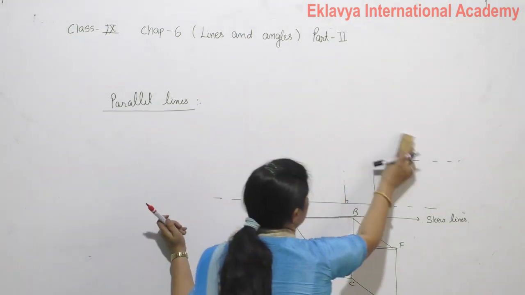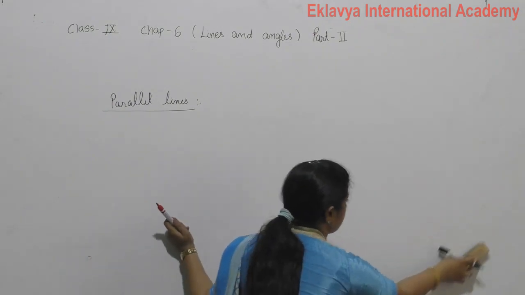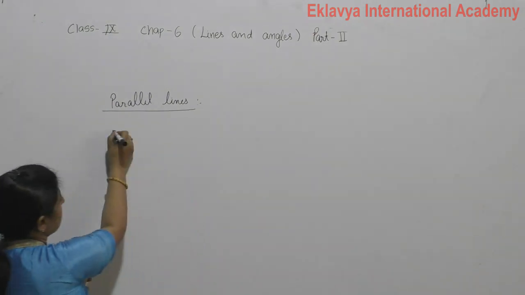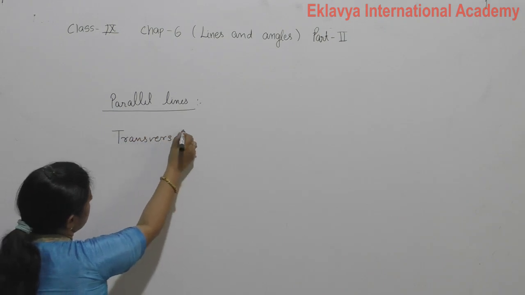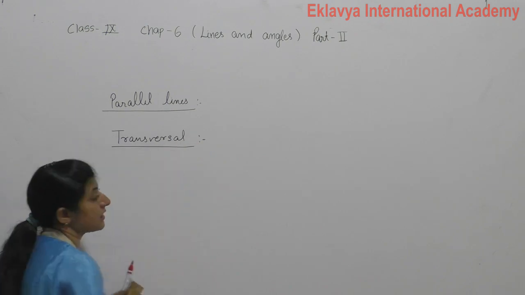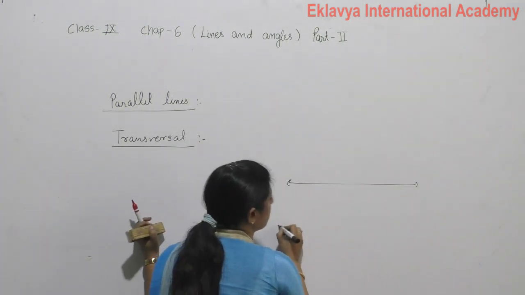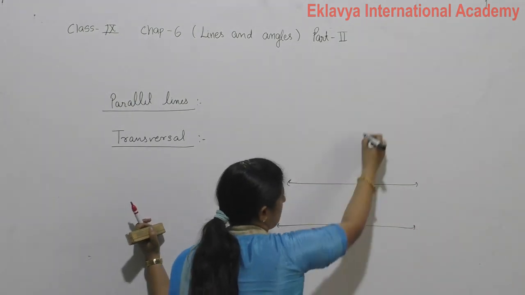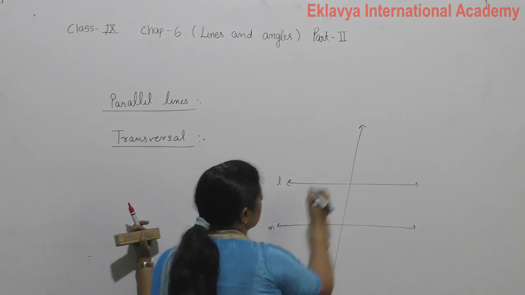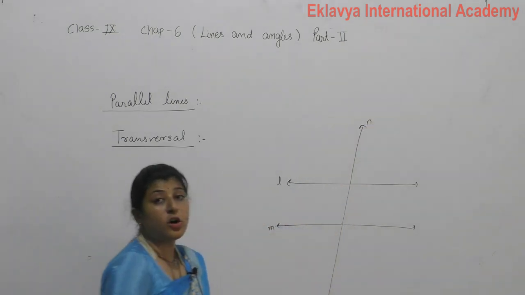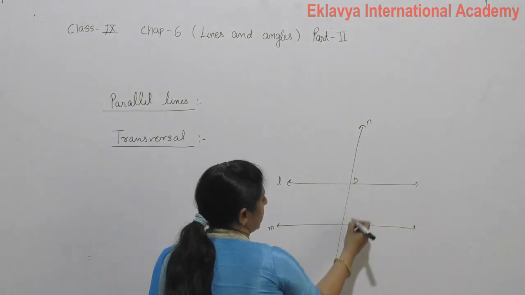Now see, what is a transversal? When a line intersects two or more lines at different points.